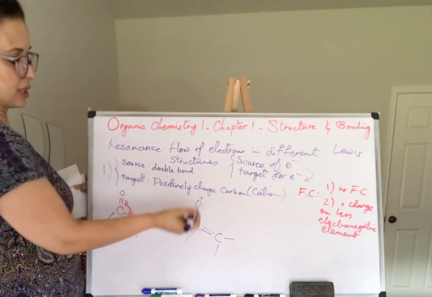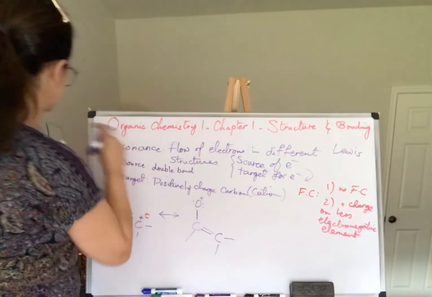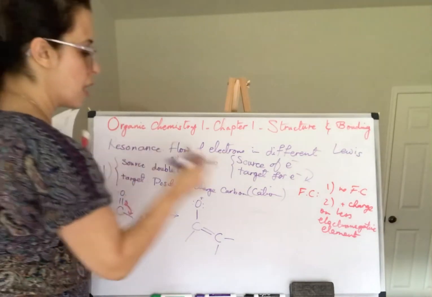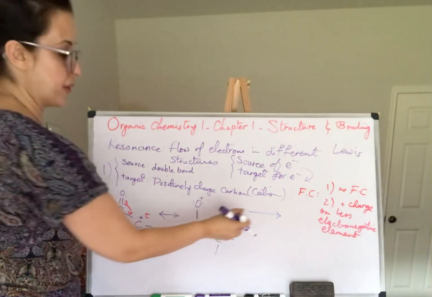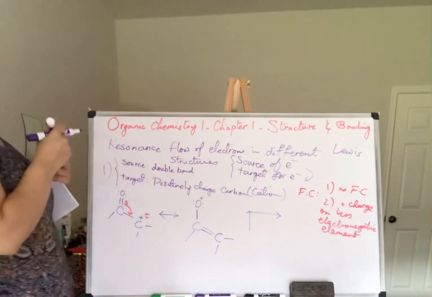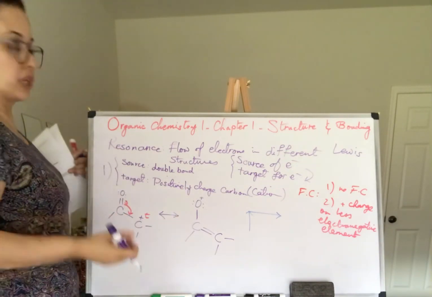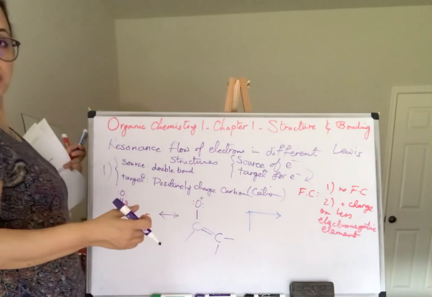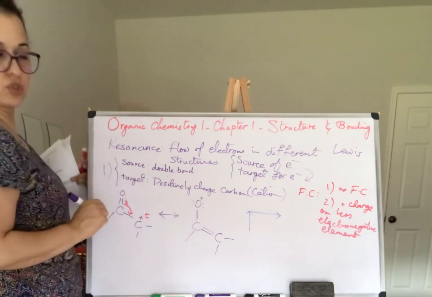So oxygen is more electronegative than carbon, because electronegativity increases left to right across the period, and also from bottom to top of the group. So between carbon and oxygen, oxygen is more electronegative. If it is more electronegative, it tends to have more negative charge on it, not a positive charge.